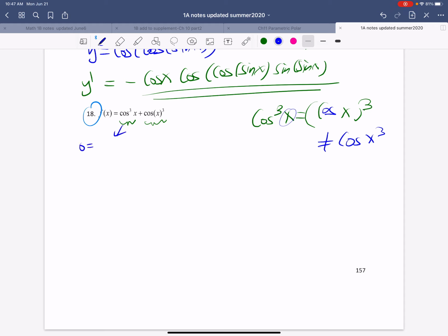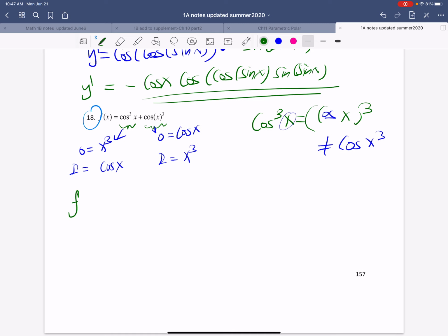Wait, for this piece, outer function is x to the third, inner function is cos x. And you can go ahead and do the composition of f of g and see if you get this function back. So when I do f prime of x, cos cube x is going to be 3 cos square x times derivative of inside function, which is negative sine x.